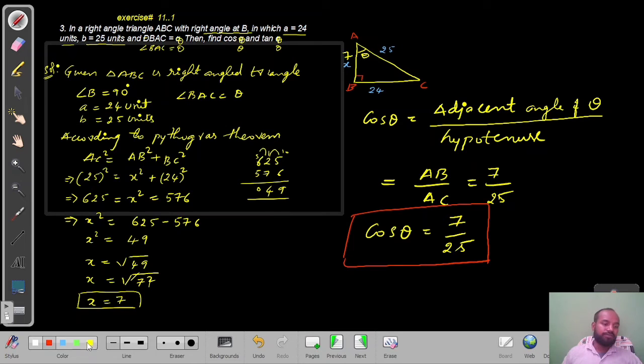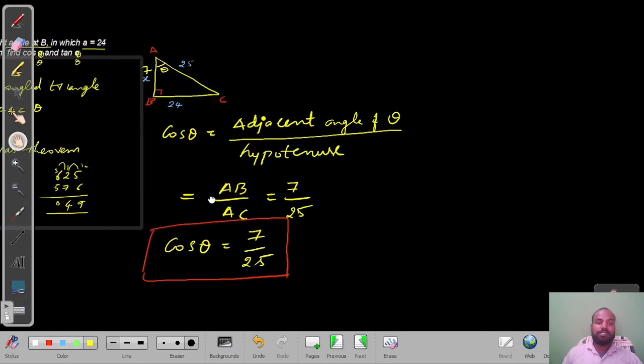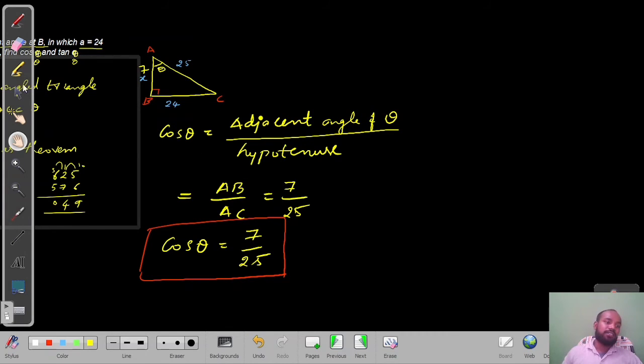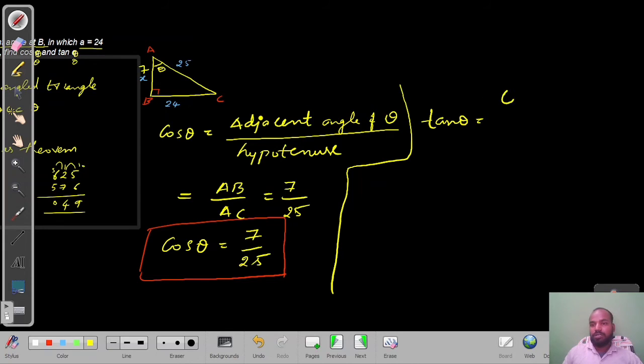Right, now moving to the next, tan theta. What is the formula for tan theta? Tan theta equals opposite side by adjacent side.